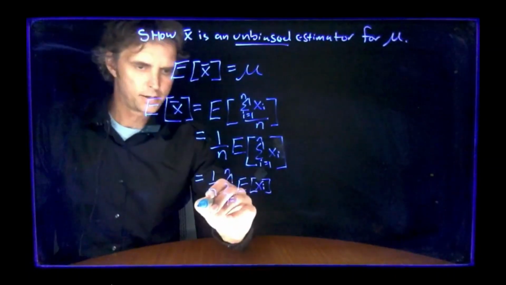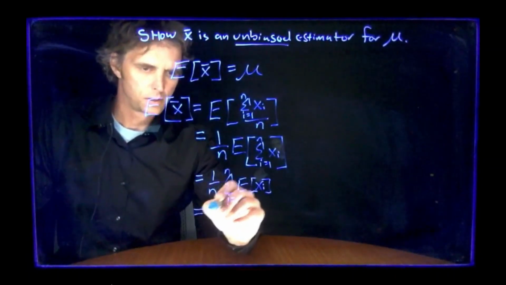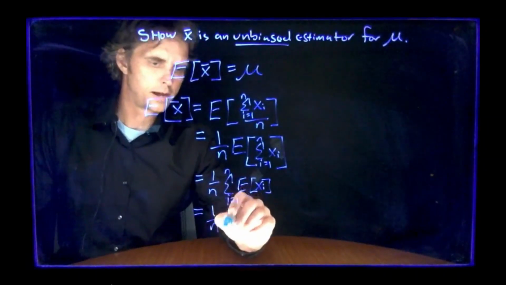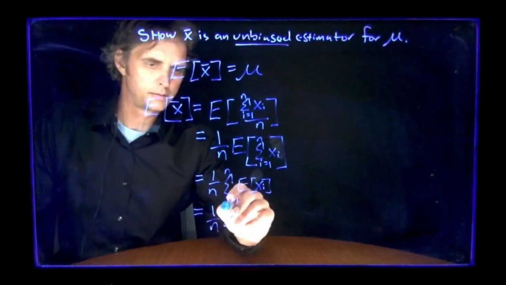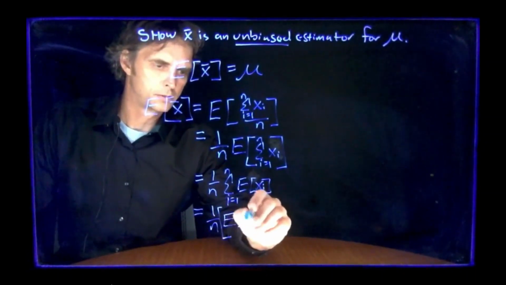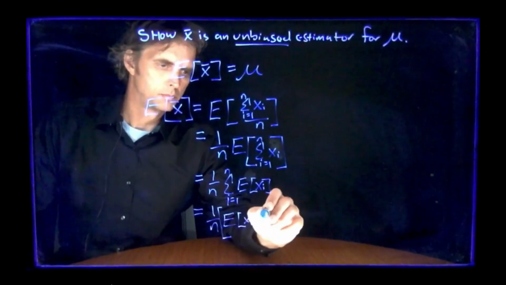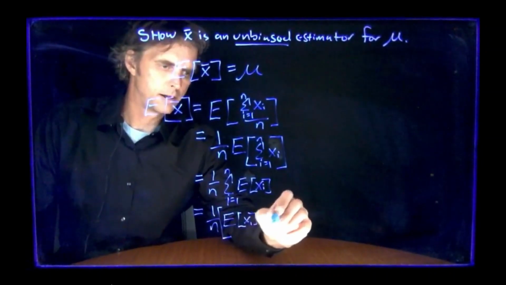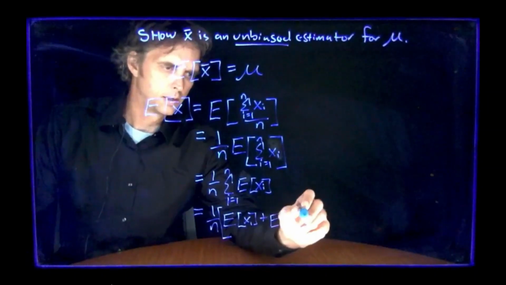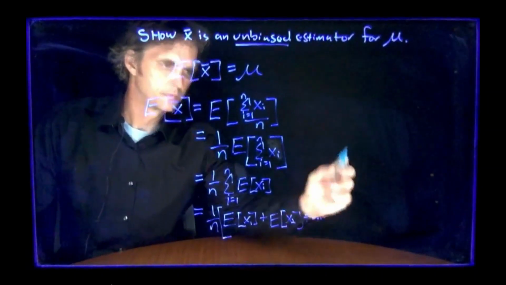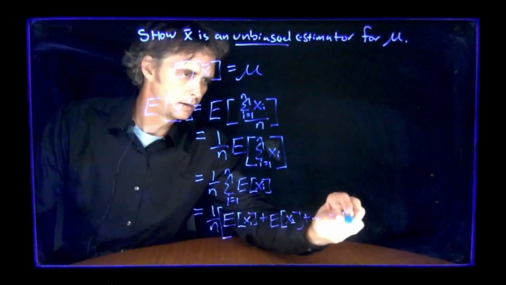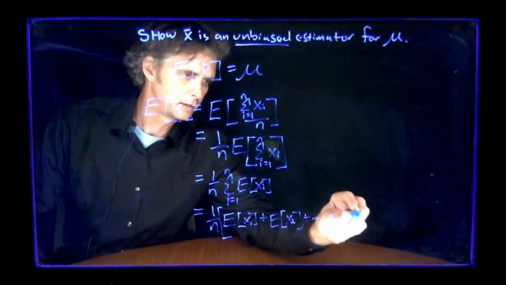Great, and that equals 1 over n times, if we wrote it out, the expected value of the first one, x1, plus the expected value of the second one, x2, and you keep doing that till you hit the expected value of the last one, xn.